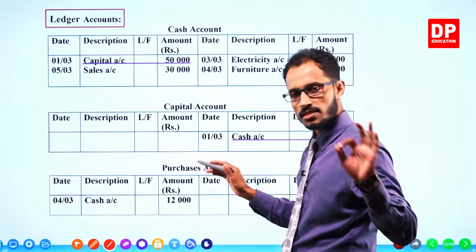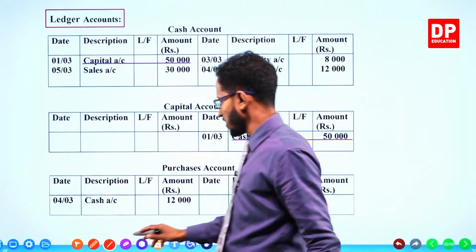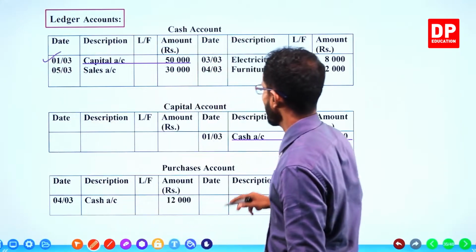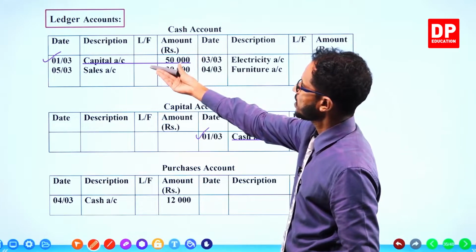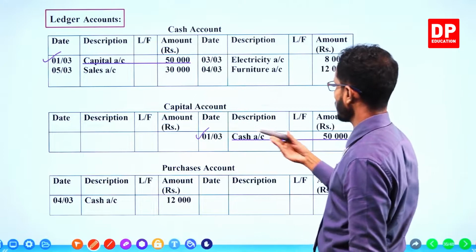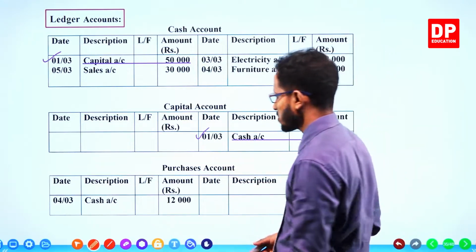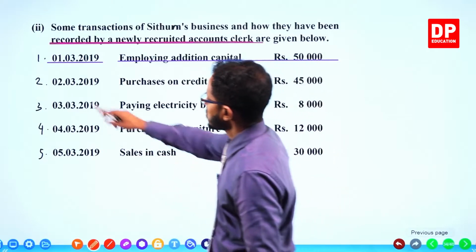So the transaction is nicely, perfectly done. No problem. Double entry is correct. Cash debit, capital credit. Next transaction. This is okay, huh?